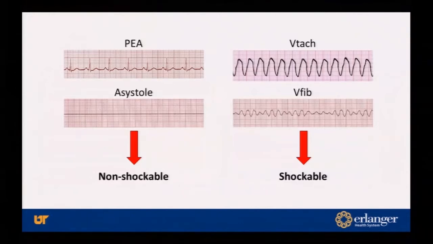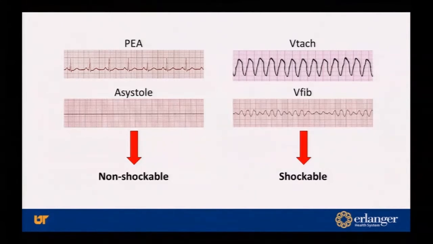All right, so when you have somebody who's in cardiac arrest, there are 4 main rhythms that you need to be worried about, okay? They go through 2 different pathways. It's either a non-shockable rhythm or a shockable rhythm. If you have somebody in a non-shockable rhythm, you're talking about 2 different rhythms, PEA or asystole.